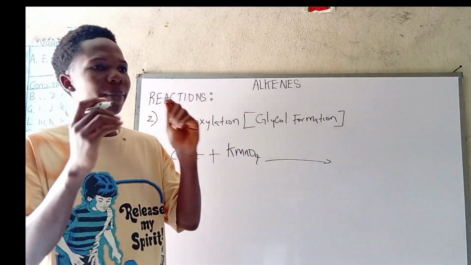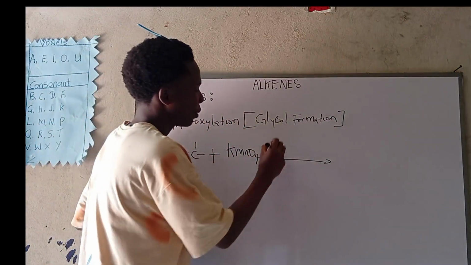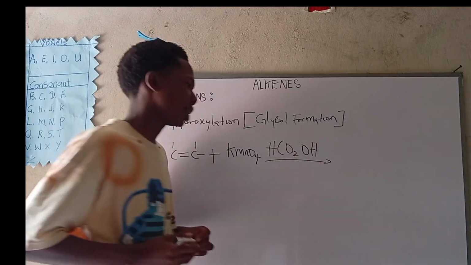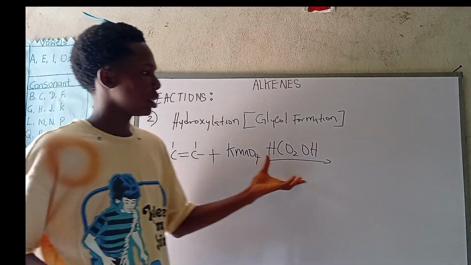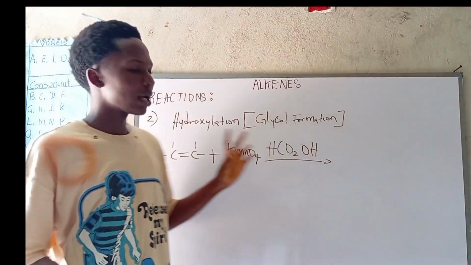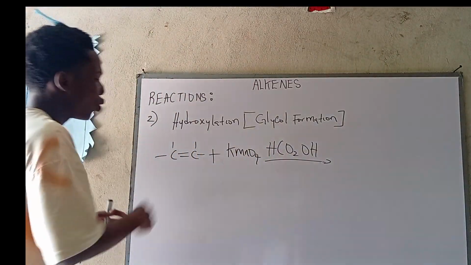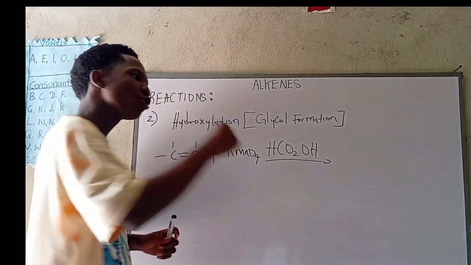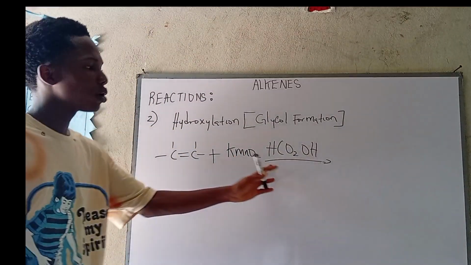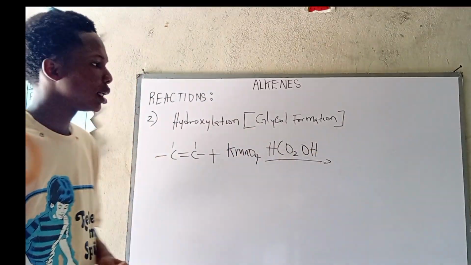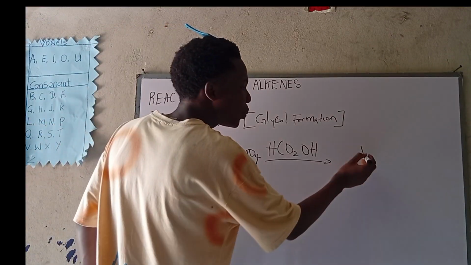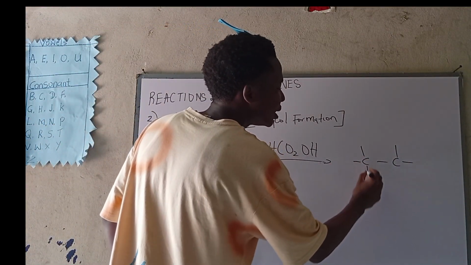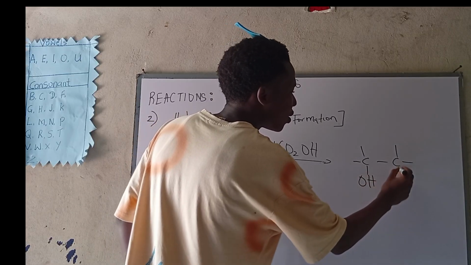This is performic acid, and this is how we write its formula. So when alkenes react with permanganate in the presence of performic acid, it's going to give us a corresponding diol.